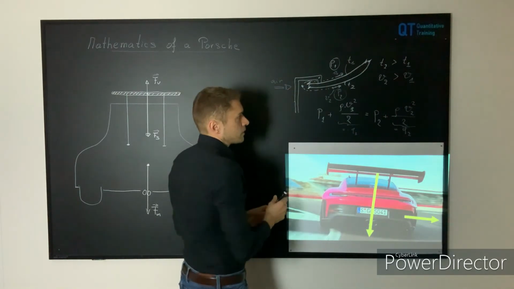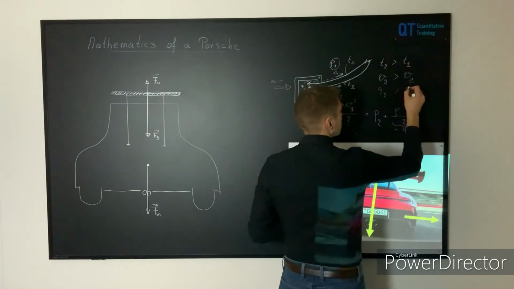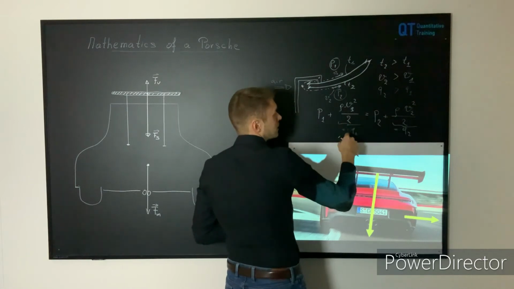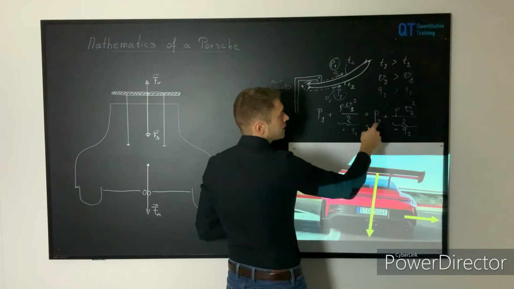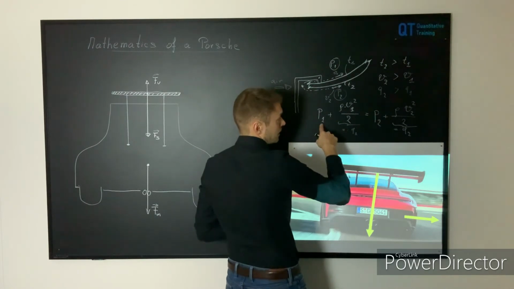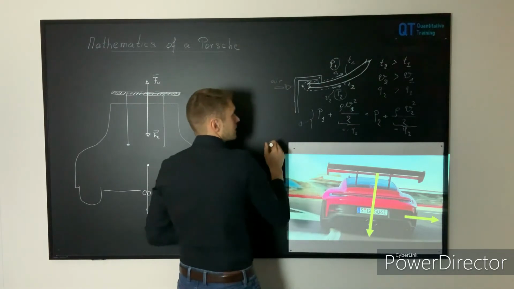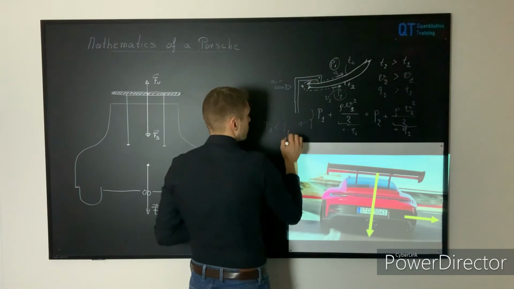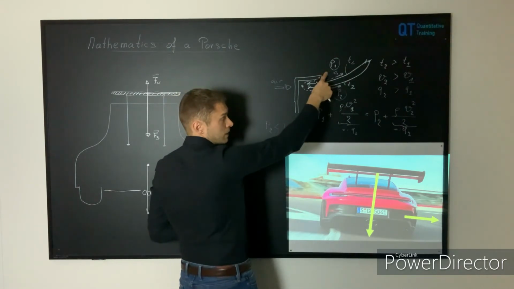So basically we have Q2 larger than Q1. And if this quantity is larger than that quantity, then to keep the equality, we need this quantity to be smaller than that one. So from here, what we obtain is that P2 must be smaller than P1. So the pressure under the rear spoiler is smaller than the pressure over the rear spoiler.